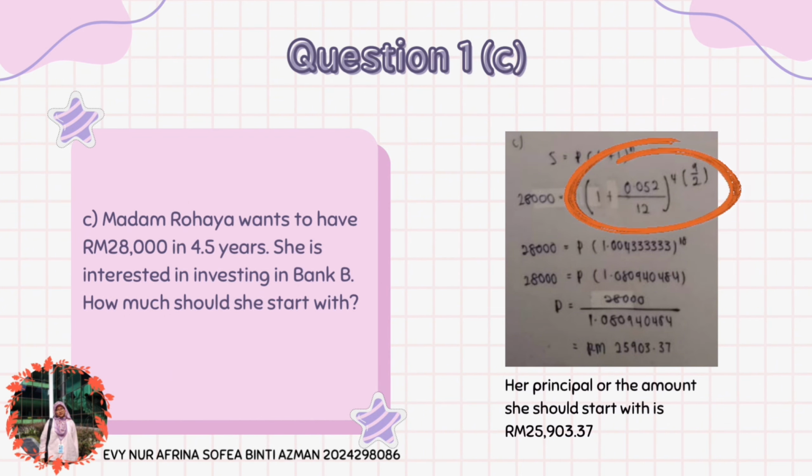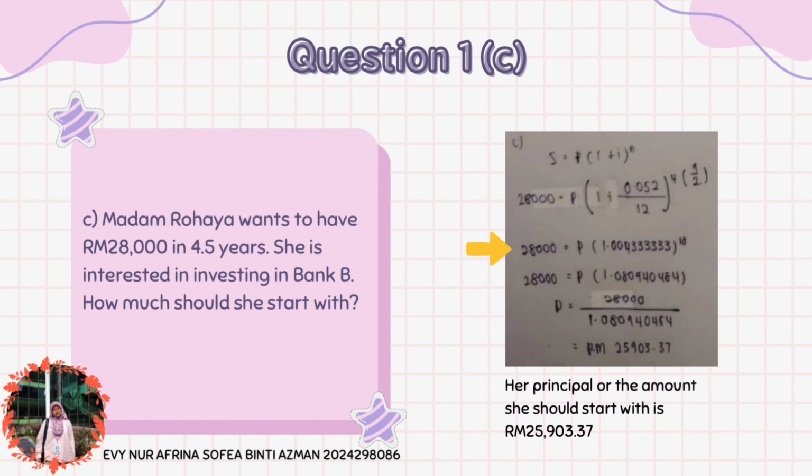We will calculate in the bracket first, and then we will insert into the calculator. Then we will get 28,000 equal to P, open bracket, 1.00433333, close the bracket, the power of 18.